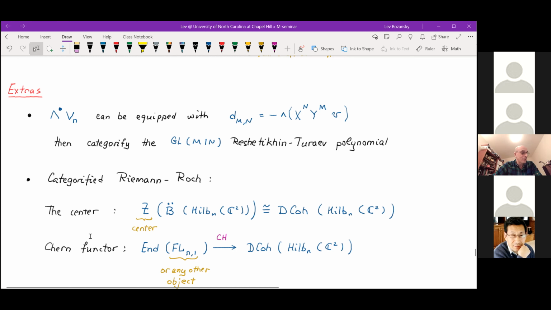And we have, Alexei and I constructed the Chern functor, which sends endomorphisms of any object to coherent sheaves. Same as the Chern character sends endomorphisms of a sheaf to differential forms on the variety.